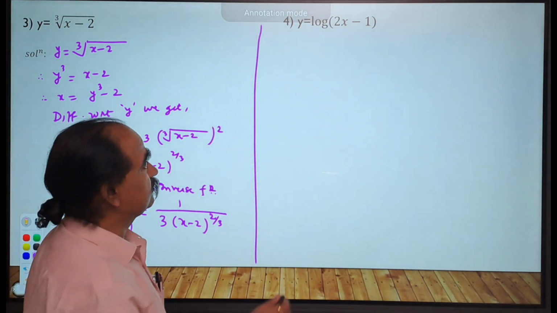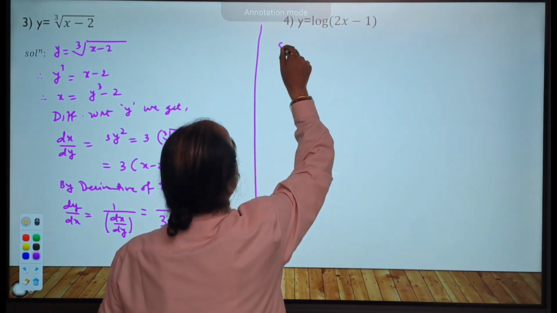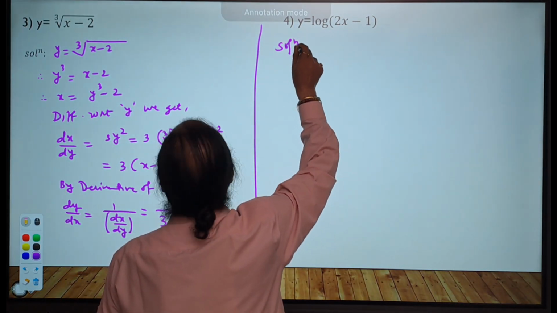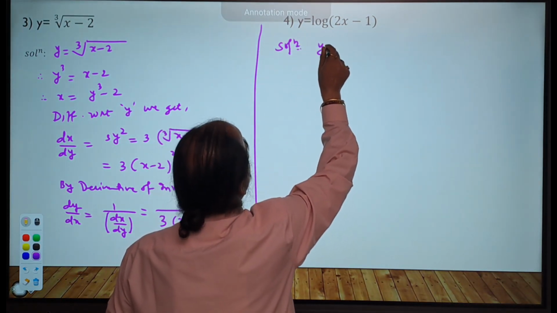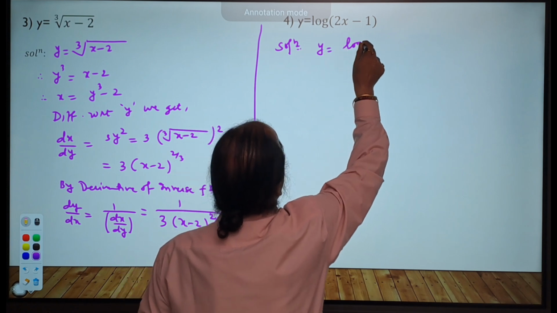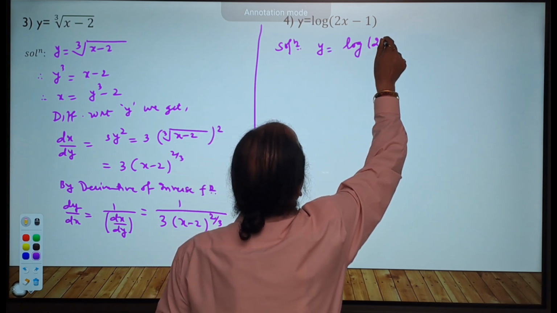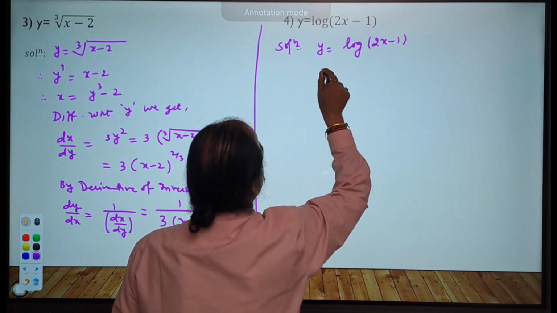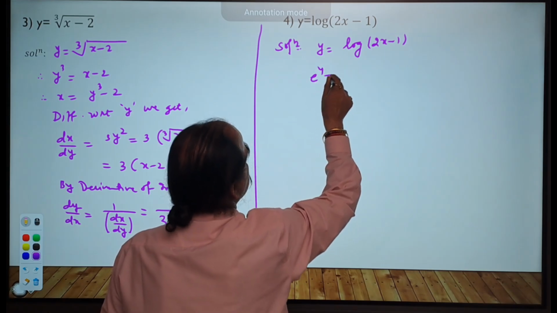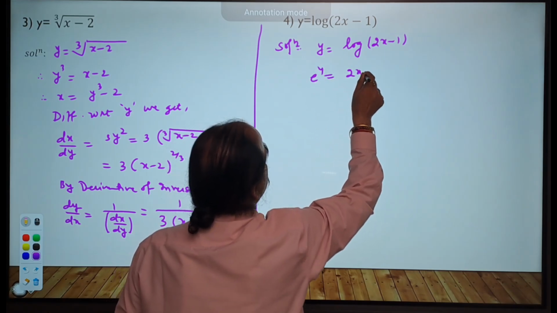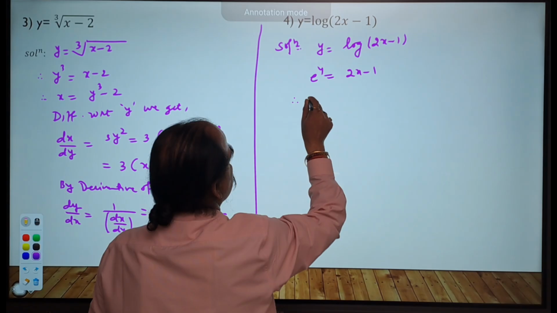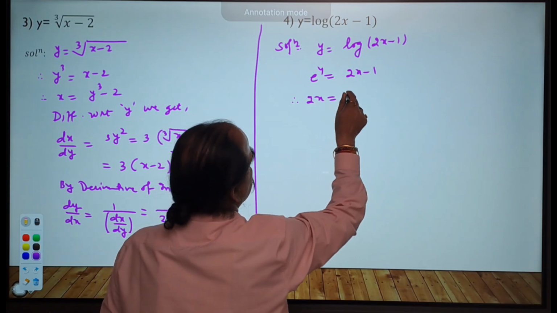The next is y is equal to log of 2x minus 1. So e raised to y is what? 2x minus 1. So 2x is what? 1 plus e raised to y.